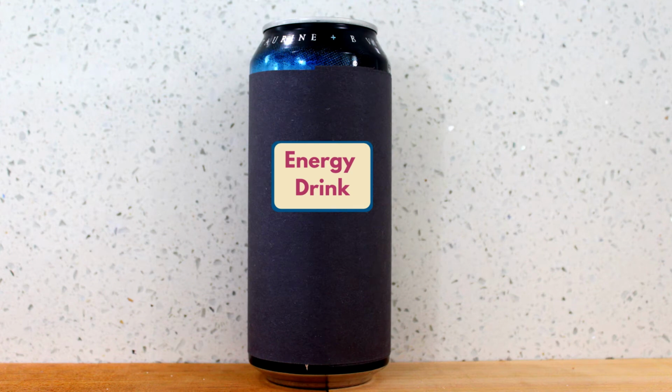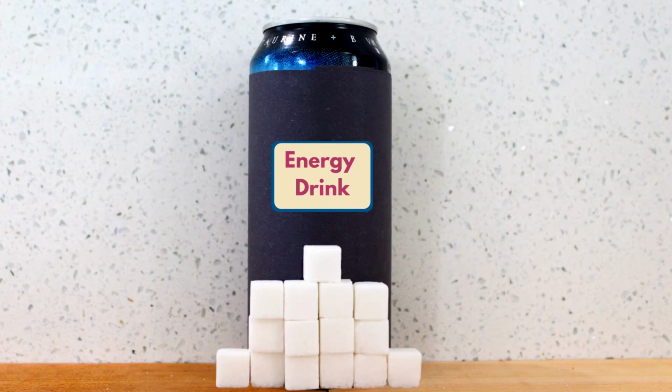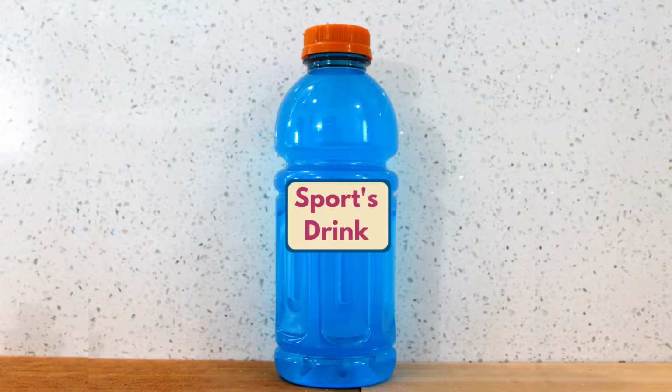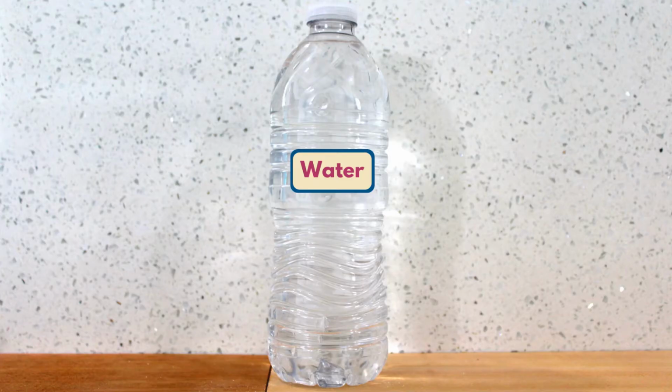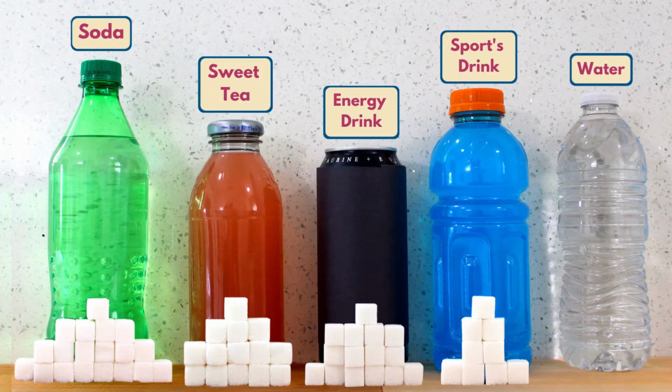This 16-ounce energy drink has 15 teaspoons of sugar. This 20-ounce sport drink has 9 teaspoons of sugar. And this bottle of water has 0 teaspoons of sugar. What do you think? Are you surprised? Let me know in the comment section.